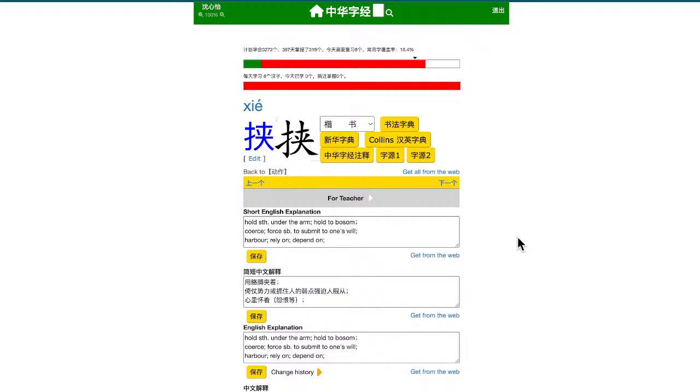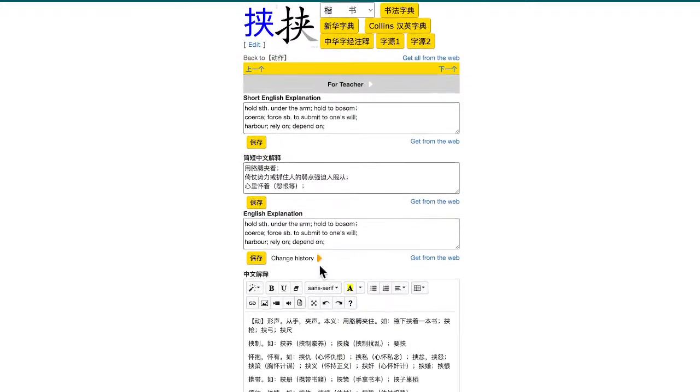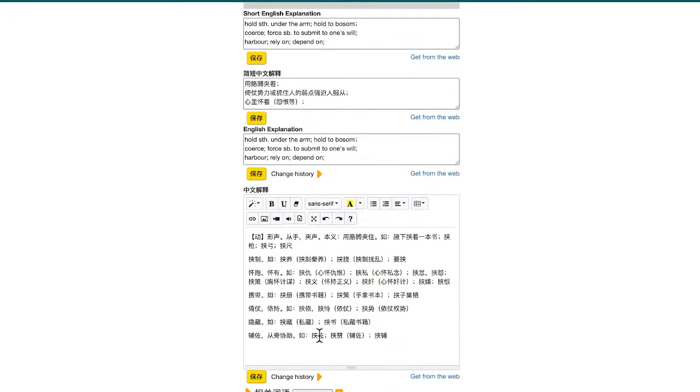And metaphorically it means coerce or force somebody to submit to one's will. And harbor, rely on, depend on, that's another meaning.